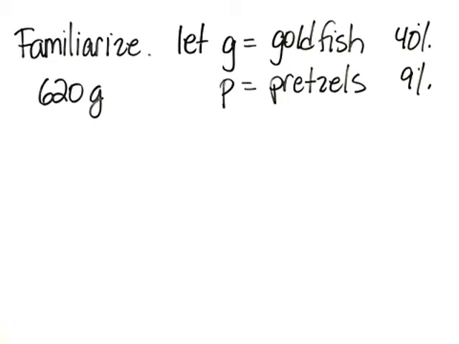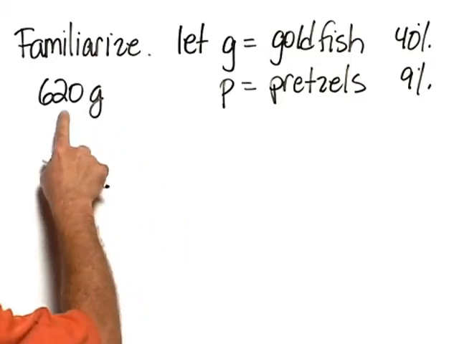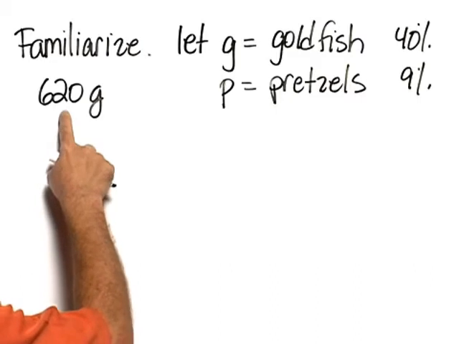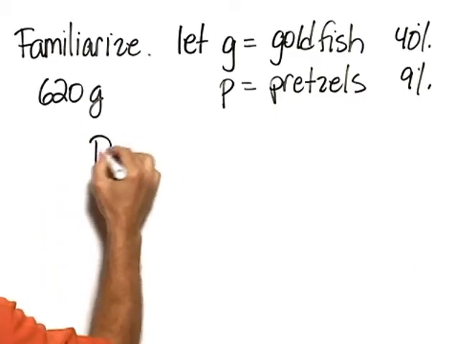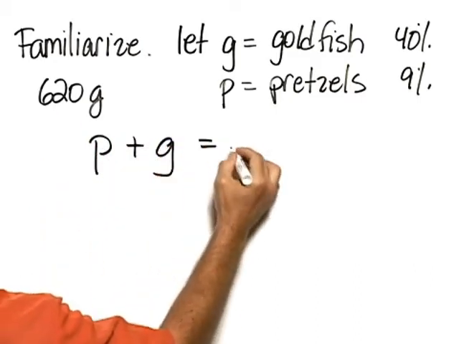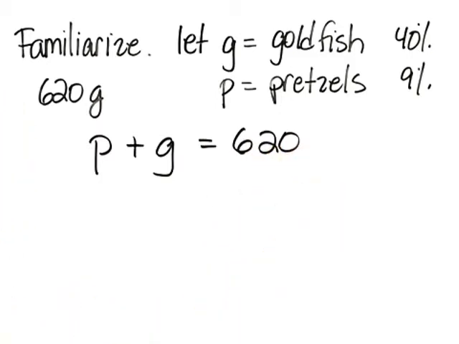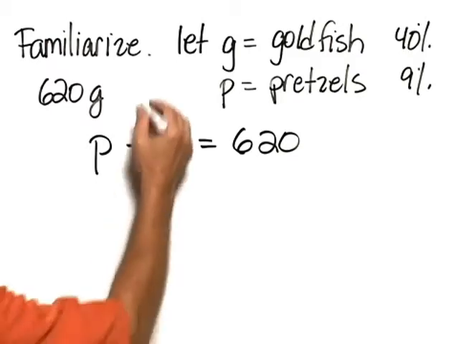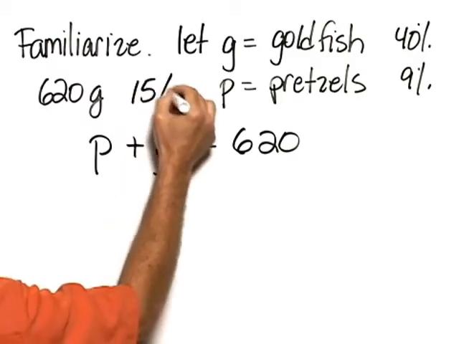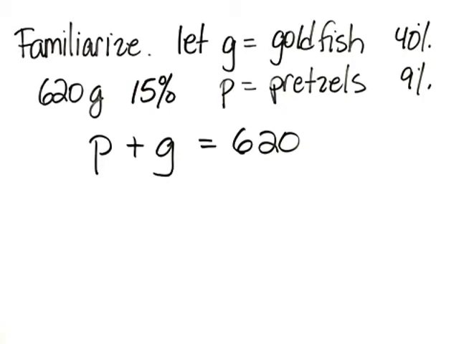Second step in the process is to translate the words into math. What we know is that the total number of grams has to be 620. In other words, P plus G has to equal 620. The other piece of information we have is that the total amount of calories from fat is to be 15%.